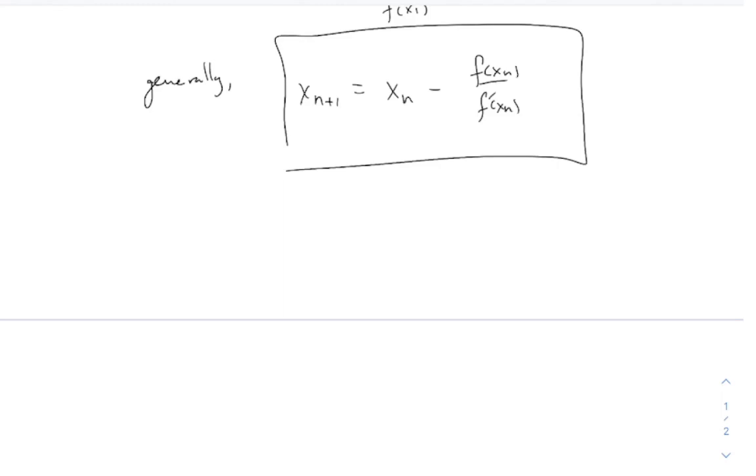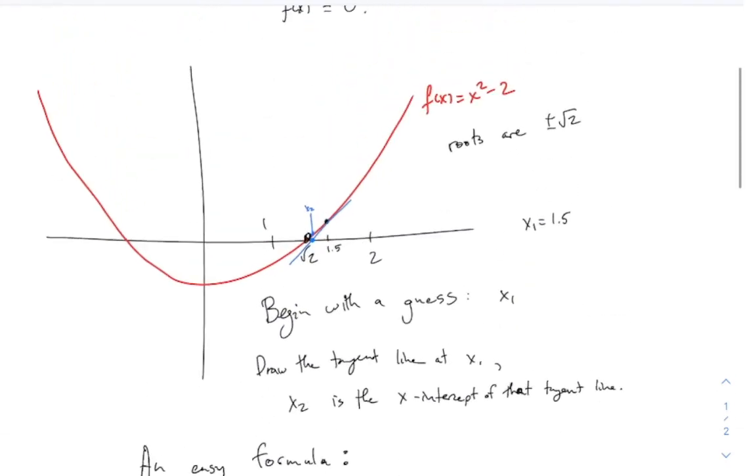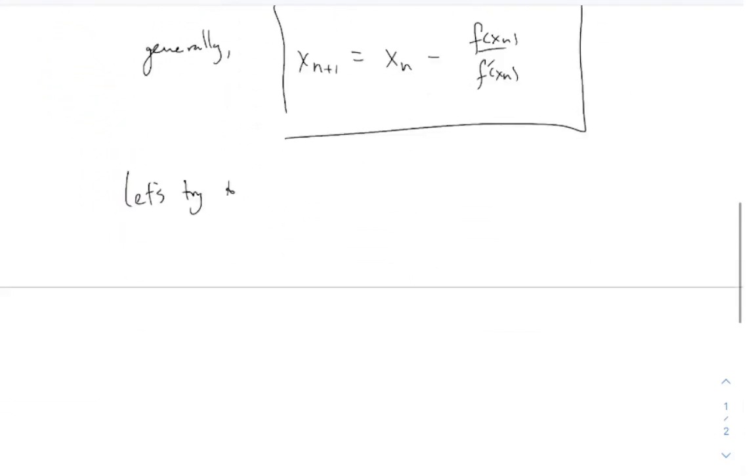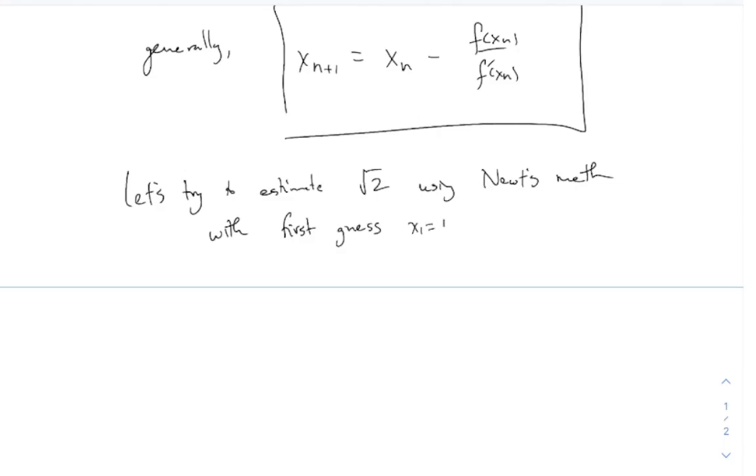Okay, so let's work it out for this example that I drew the picture of before. I want to try to estimate the square root of 2. If this were a homework problem or a test question, I would say, please estimate the square root of 2 using Newton's method, with the first guess of x1 equals 1.5, say.